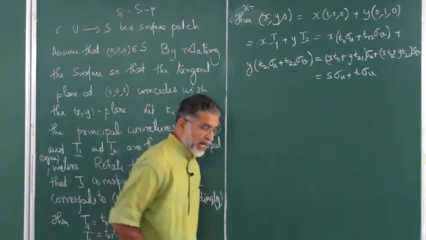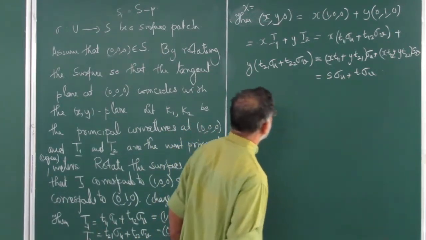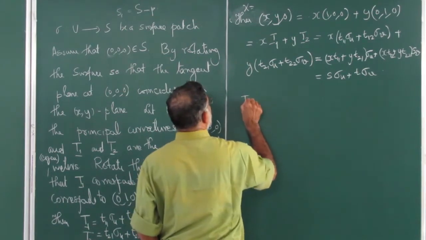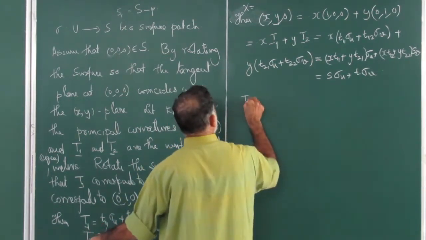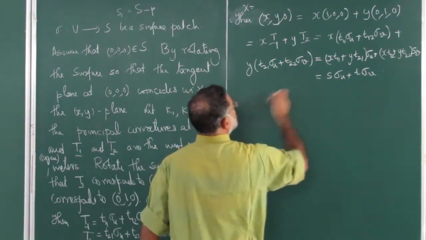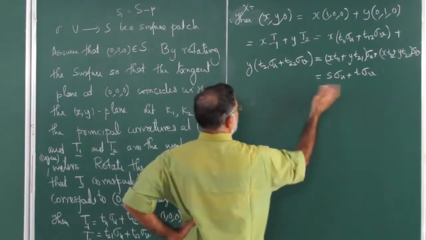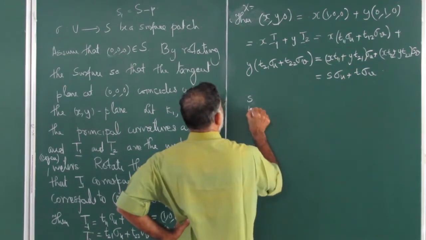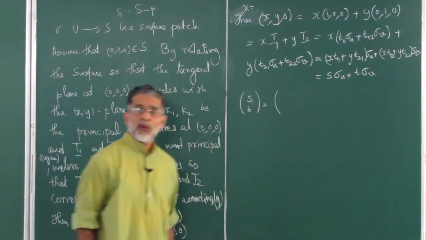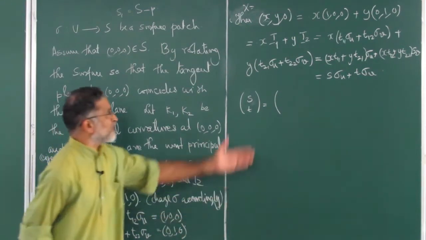Okay, so now we write it in coordinate form because coordinate form is very important for us. So what will you get as coordinates? s comma t is equal to, I am going to write the coefficients because of uniqueness.